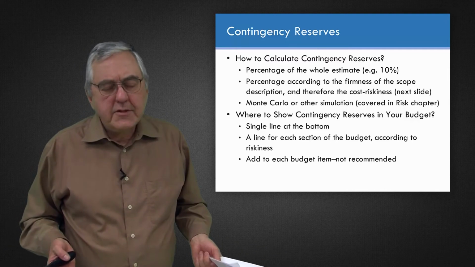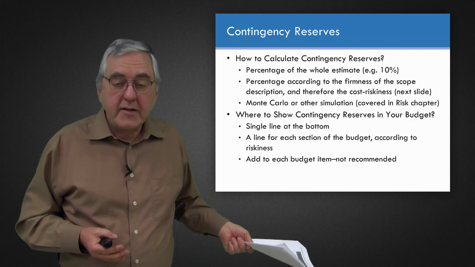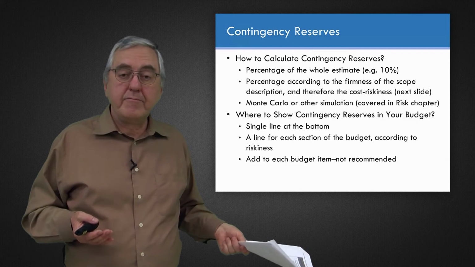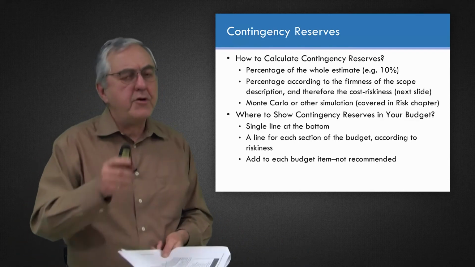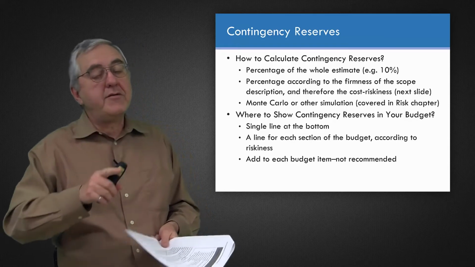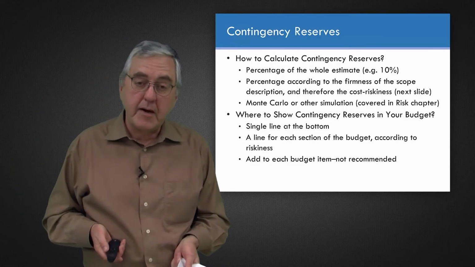Let's face it, chances are Mary is going to spend that $10,000 and you congratulate yourself on being on budget. But she's not. You really wanted her to do it for $9,000. Maybe you need that $1,000 for something else that's come up.